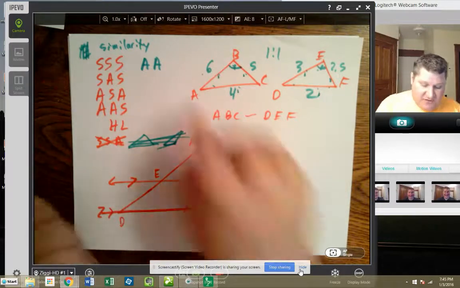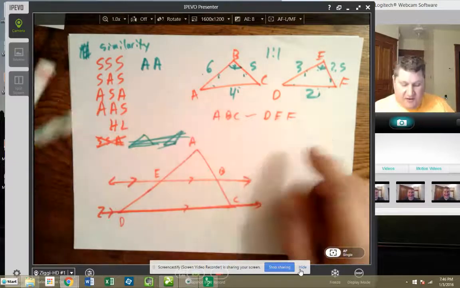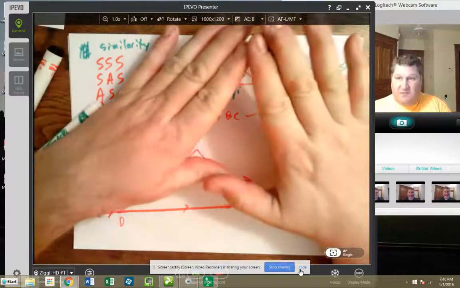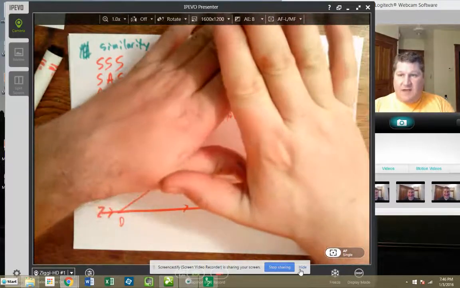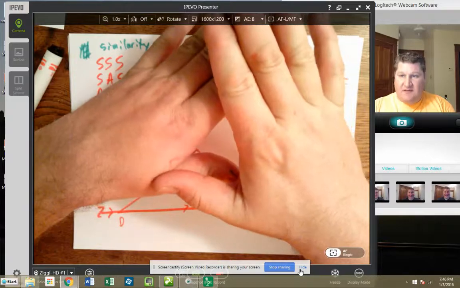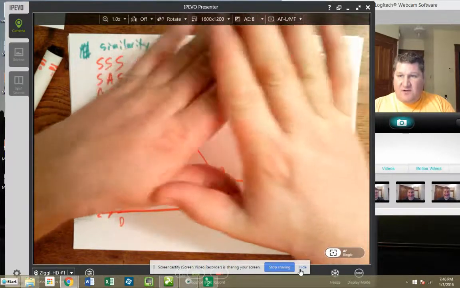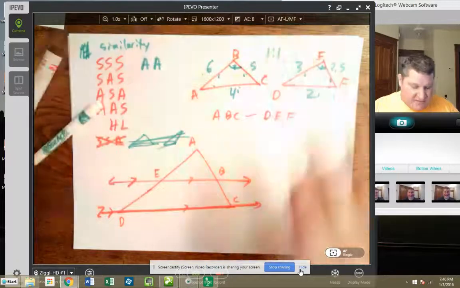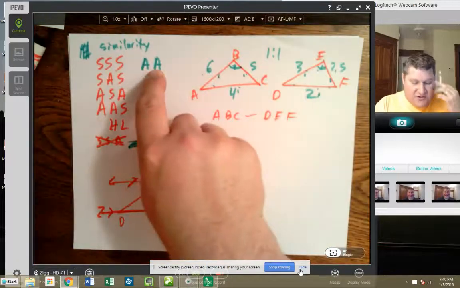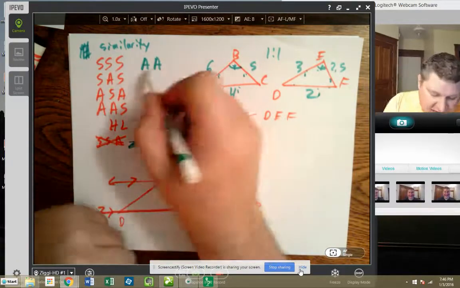In fact, even if you had three angles, that wasn't enough for it to be congruent, because maybe it was a big triangle, or maybe it was a small triangle that had the same angles in it, but they were just a different size. So for congruence, it wasn't good enough, but it is good enough for similarity.